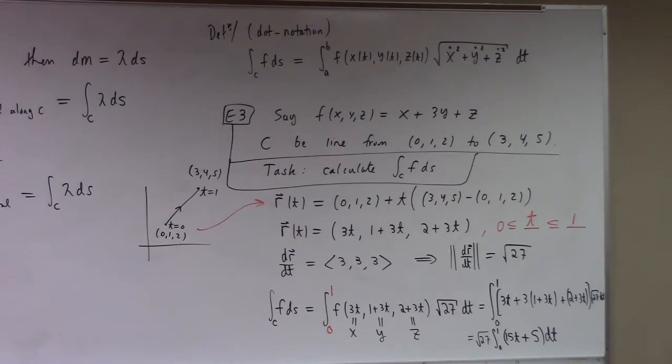Integral from 0 to 1, well, yeah, I'll write it down one more time. I am not making a math step here. I'm just copying blindly. 15t plus 5 dt. How do you do that kind of integral? Well, that's 15 halves plus 5, otherwise known as 25 times the square root of 27 divided by 2.